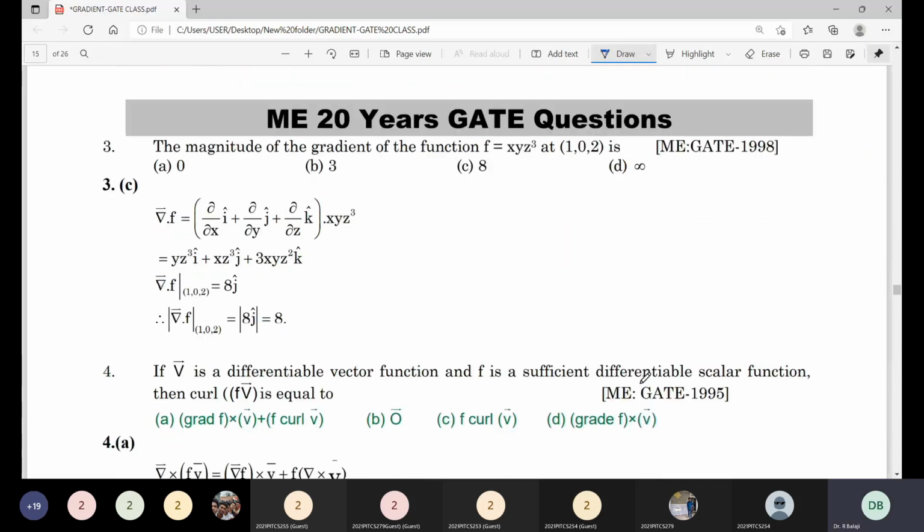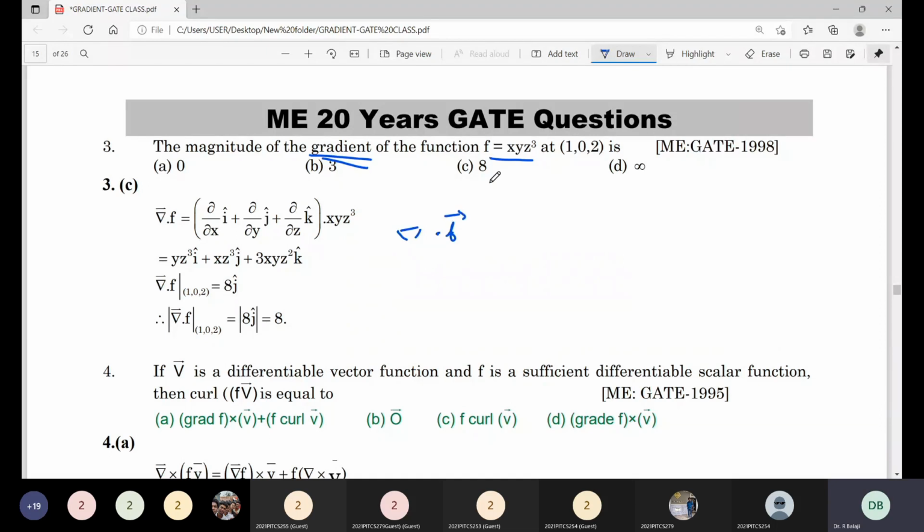The magnitude of the gradient of the function f equal to xyz cubed at (1, 0, 2) is... So we are supposed to find the magnitude of the gradient. Gradient is nothing but del f.